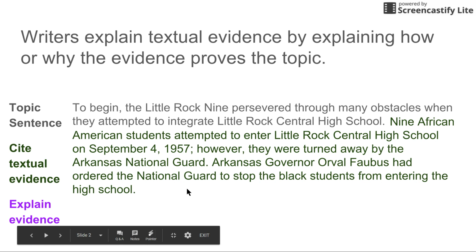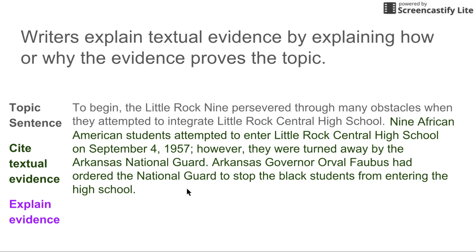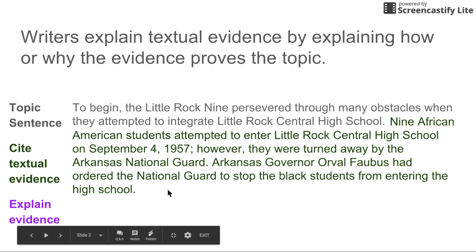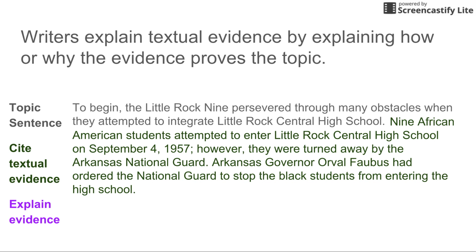So I'm going to use a transition phrase, and one that tends to be one of my favorites is the word clearly. So I want to say clearly this is an obstacle for the students because they are unable to attend school right now. Or clearly the students are encountering a challenging obstacle because they aren't even allowed inside the school building.